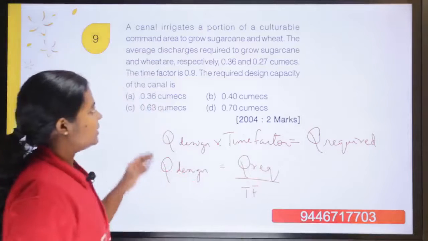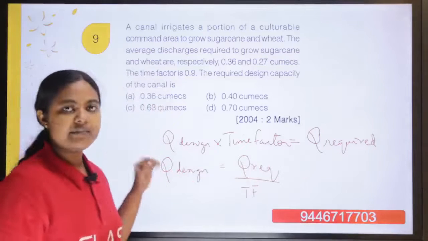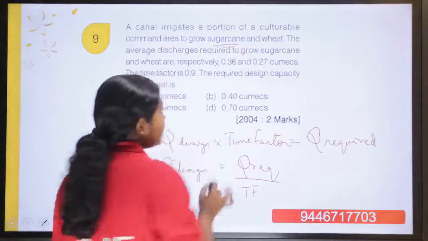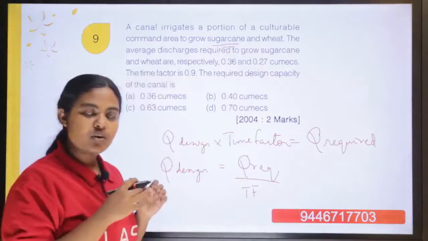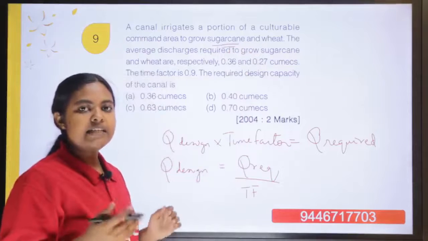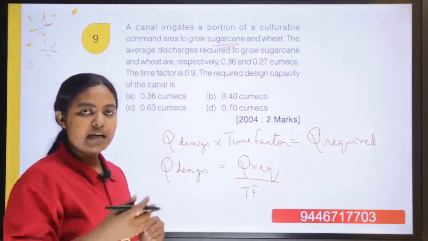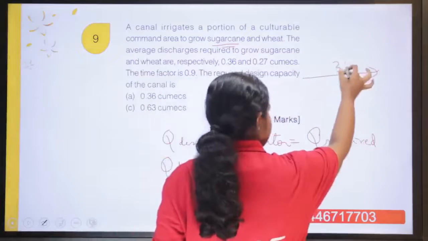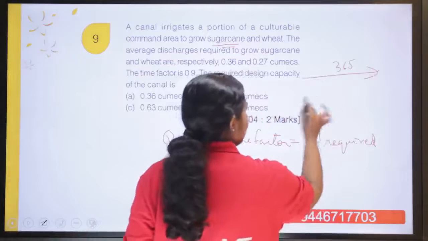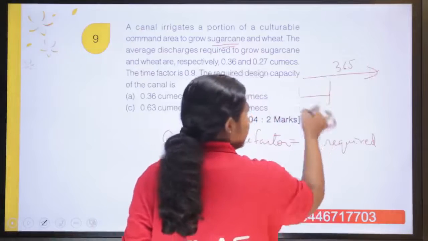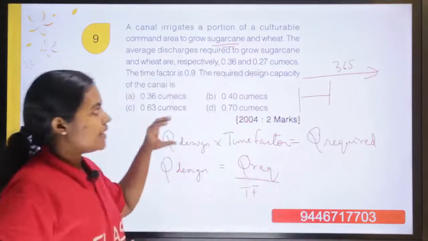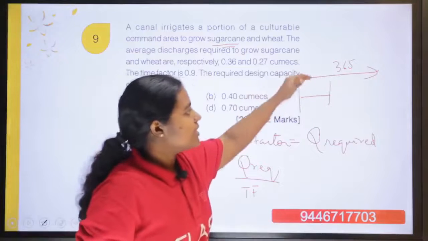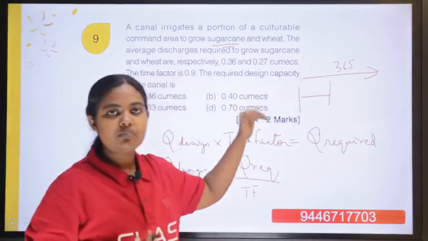In this case we are growing sugarcane and wheat. Sugarcane is a perennial crop, that is, it is grown throughout the year, and wheat is a rabi crop. So both will overlap: sugarcane is for 365 days and wheat is grown in between, somewhere in the rabi season. So at any particular time, the discharge requirement will be the sum of both.